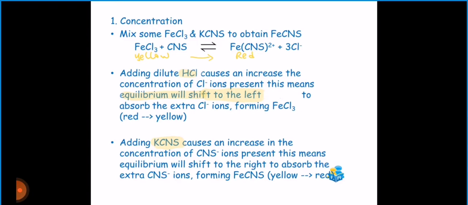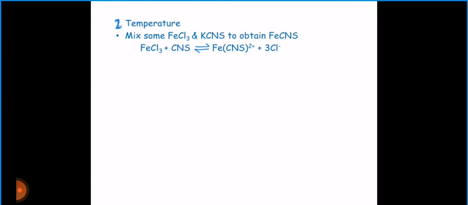An increase in the concentration of the thiocyanate ion causes equilibrium to shift to the right to absorb the extra thiocyanate ions, and it forms the ferrothiocyanate, and we go from our yellow colour to a red colour. Now, if the solution is already red, it will just become a darker red, because as we increase the thiocyanate concentration, more and more ferrothiocyanate will be formed, so the red colour would just become deeper.